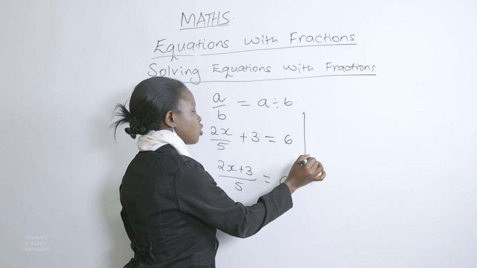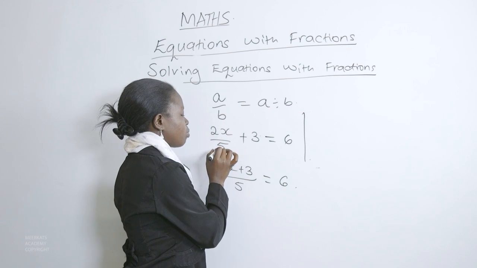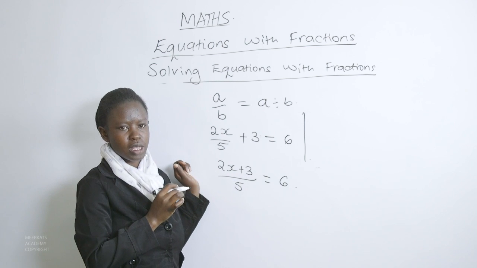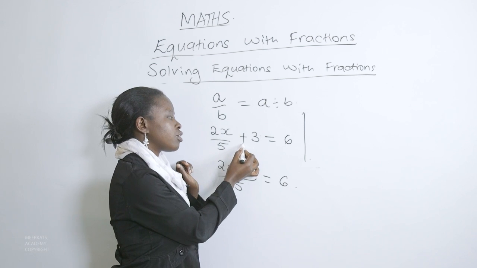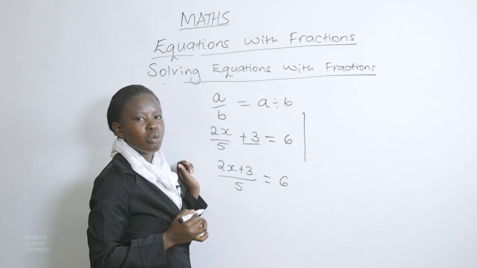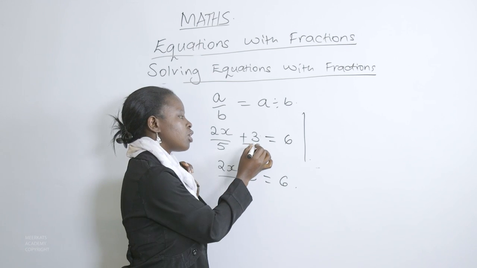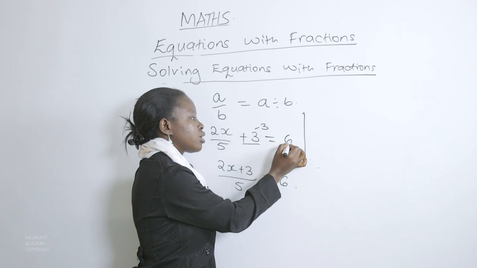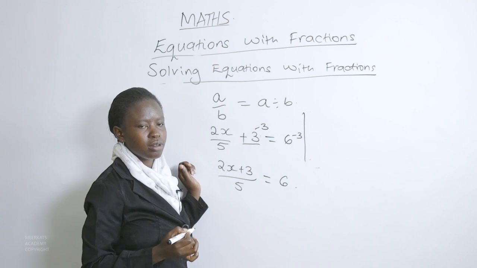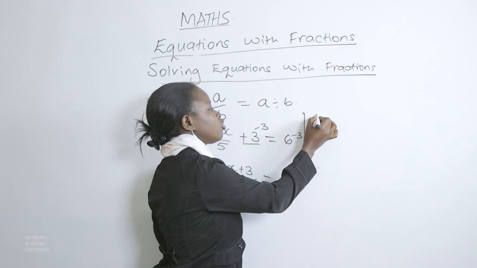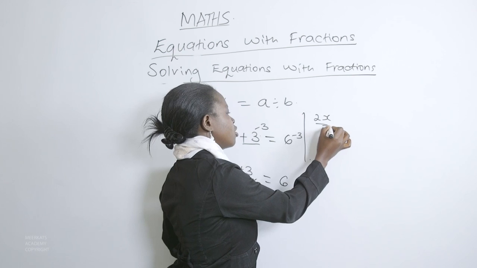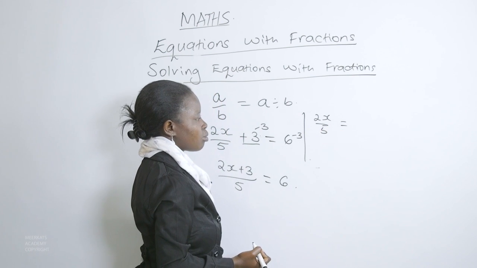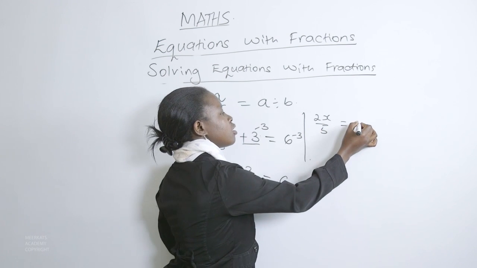In the first situation, we have 2x over 5 plus 3 equal to 6. The first step that should be taken in such a situation is to subtract 3 on both sides, so the left-hand side minus 3 and the right-hand side minus 3. We obtain 2x over 5 equal to 6 minus 3, which is 3.